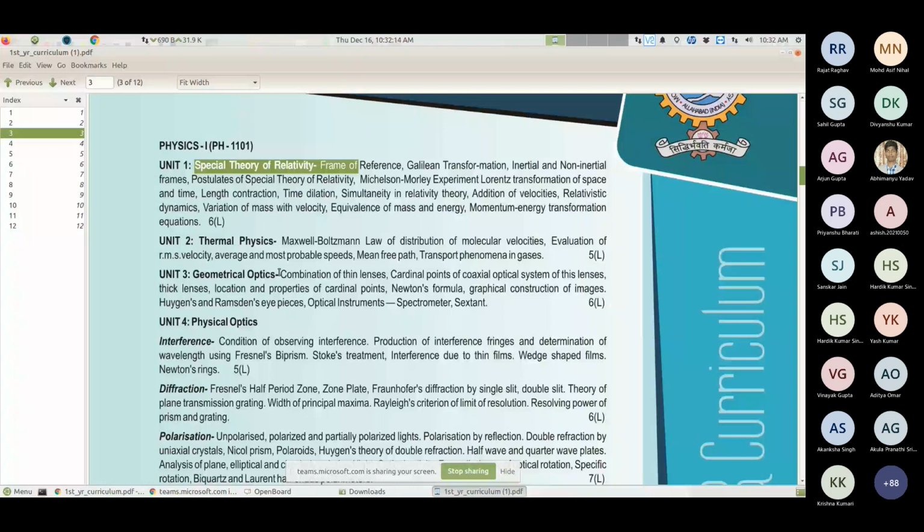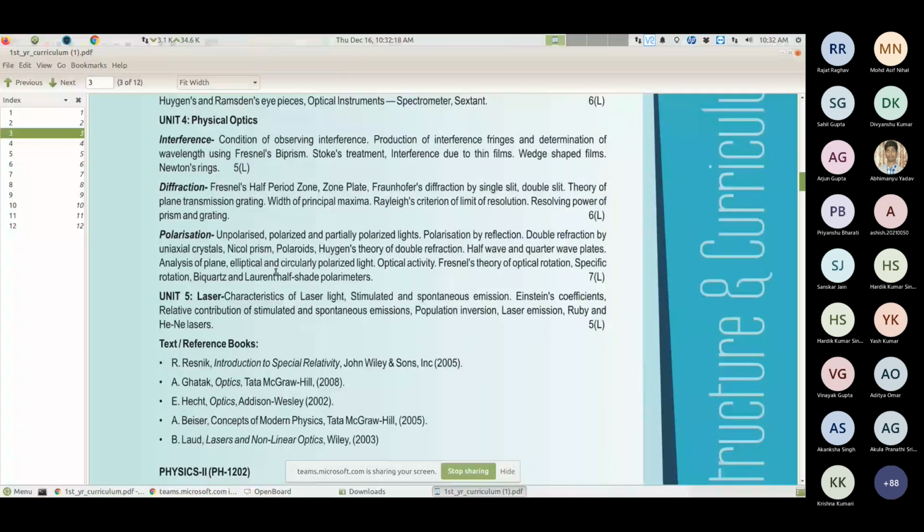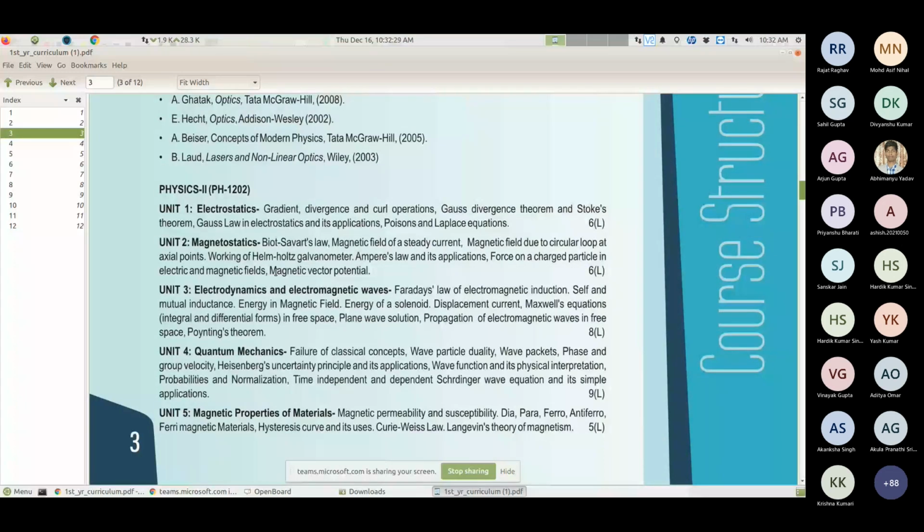After that you will go to your respective branches and there you will make some significant differences in the society. So this is all about physics. If you have any doubt you can ask me. यदि आपको कुछ मुझसे पूछना है पूछ सकते हैं.